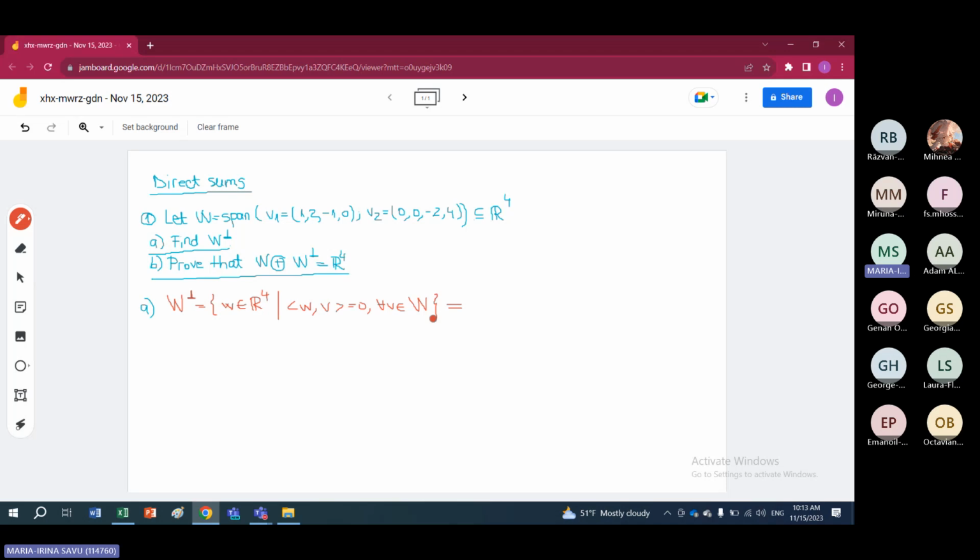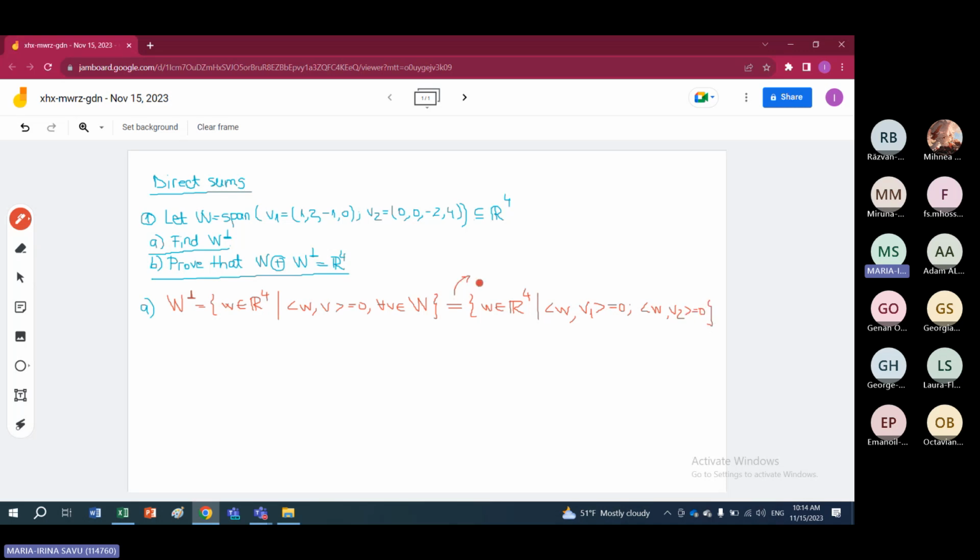Well, using the fact that this space W is generated by V1 and V2, in this general condition, we write the fact that w must be perpendicular to V1 and V2. So this is the set of all the vectors from the entire space such that those vectors are perpendicular to V1 and also perpendicular to V2.